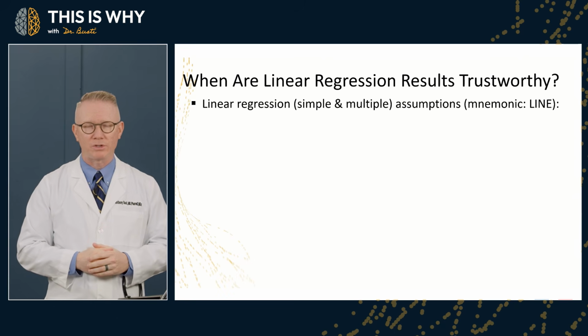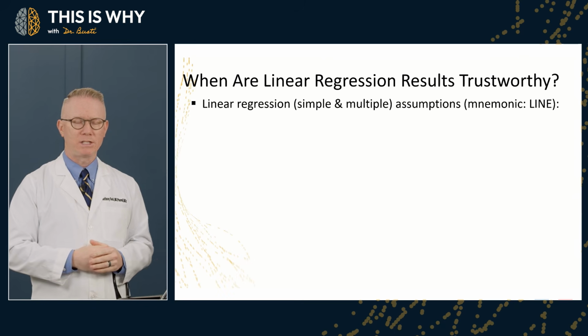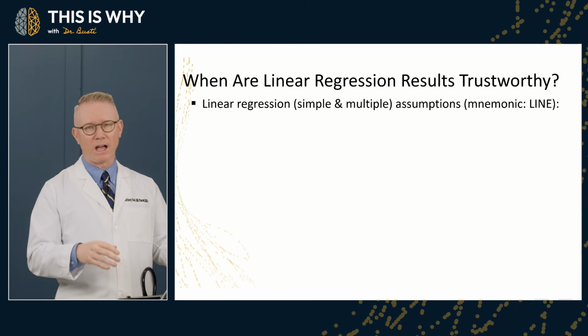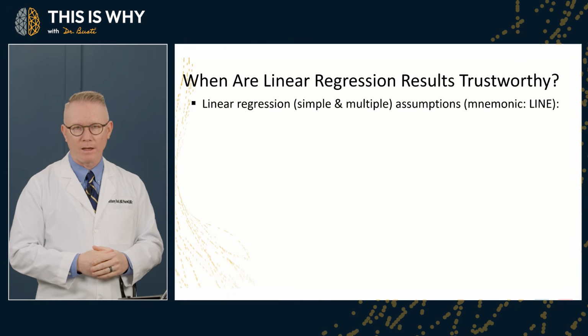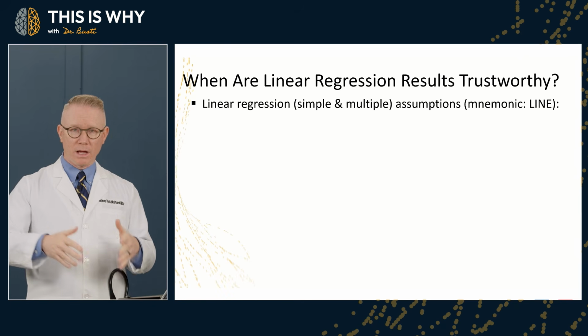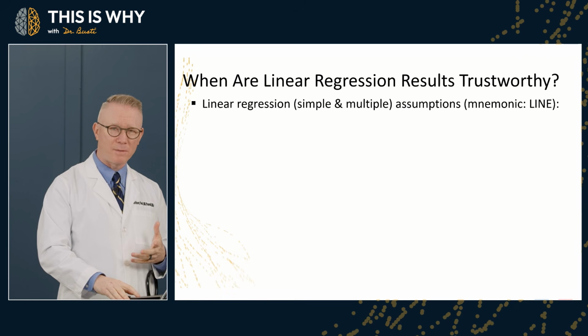But a good clinician who understands this and is trying to build maybe something else needs to understand what some of these things mean. So when we think about, there's a mnemonic called LINE, L-I-N-E, and it works for linear regressions, both simple and then multiple has some things that you also can add on and assumptions.